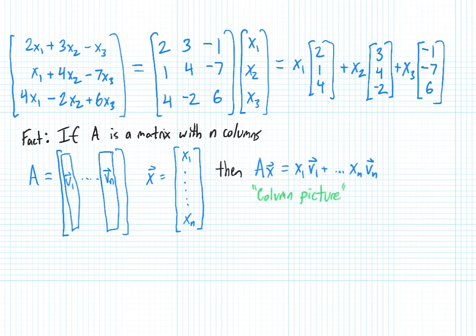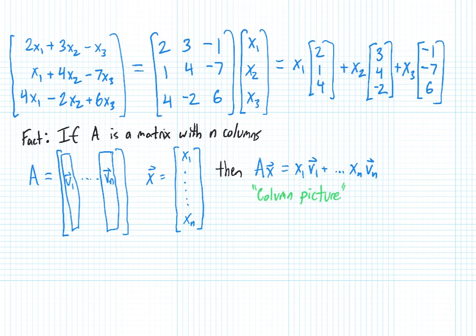So this is the column picture, because it gives a description of A times x in terms of the columns of A. You can compare this with the row picture in the previous lecture that described A times x in terms of the rows of A. And it's really useful to have both of these pictures because they're useful in different ways. I would say that the row picture is more useful for actually doing the calculations.